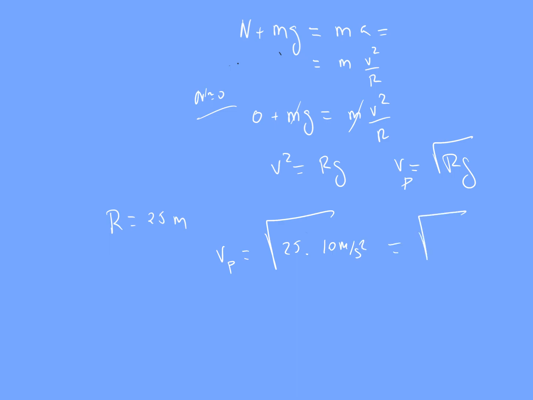This is the square root of 250, and this is almost 16, 17 meters per second. So you need to have this velocity to be sure that you will overcome the situation at the point P, and this is the velocity at the point P necessary to make the circular motion around in the roller coaster.